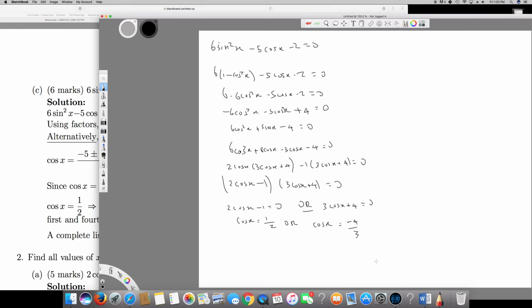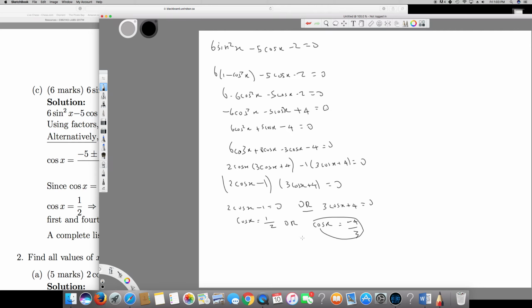But if you look carefully, the maximum value of cos is 1, and the minimum value of any cos value is negative 1. But here it's negative 4 divided by 3, which is less than negative 1. Less than negative 1, like negative 1.5, is not possible. Therefore, this is not possible.